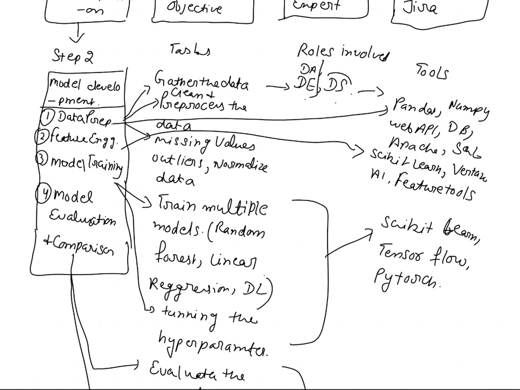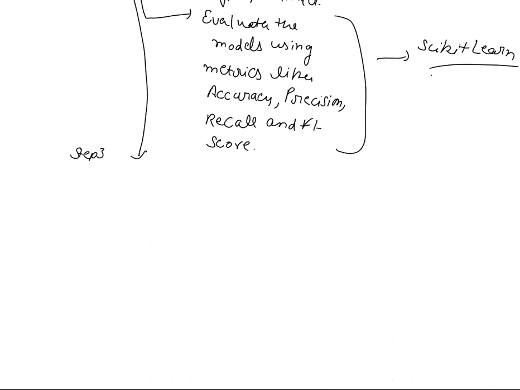In case you are working in a mid-sized company, maybe you need to do all these steps, so you should be aware of all of them. Now we will move ahead with the third step, which I will name here: prepare for production.